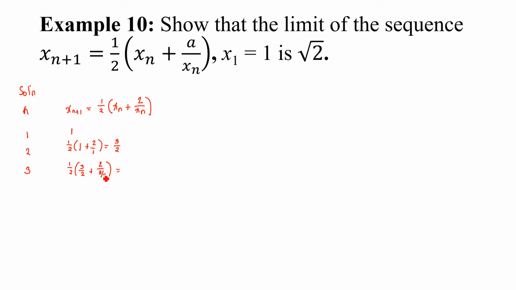This is 17 over 6 times 1 half, which is equal to 17 over 12. And then for the fourth term, we have 1 half.